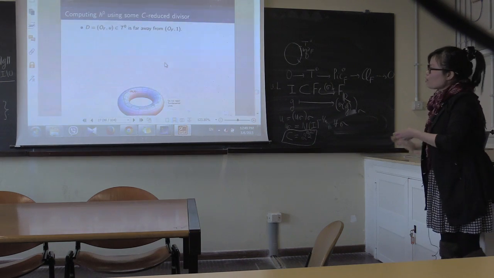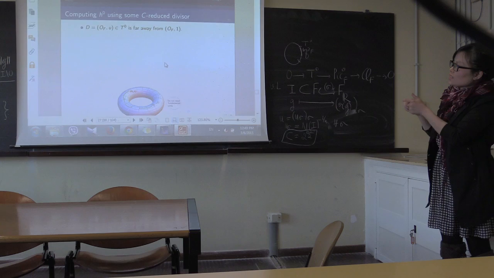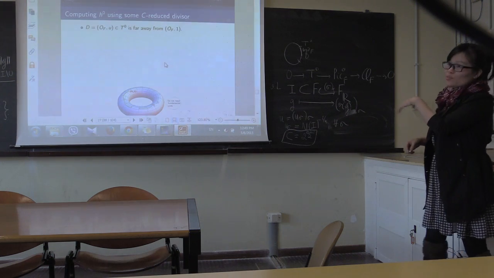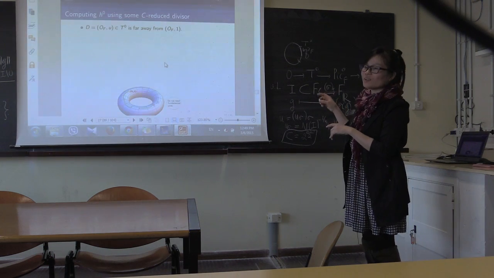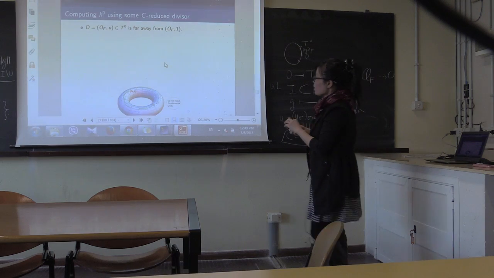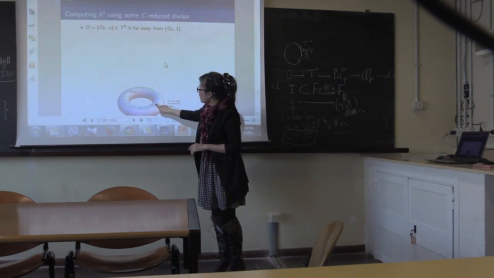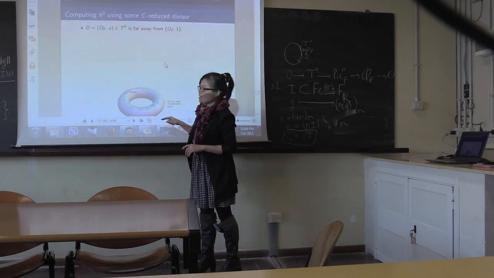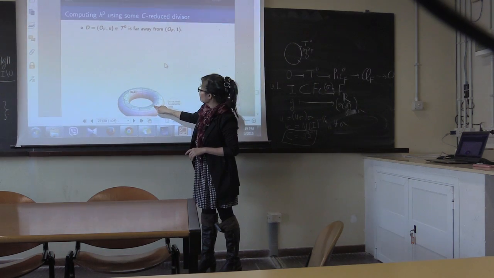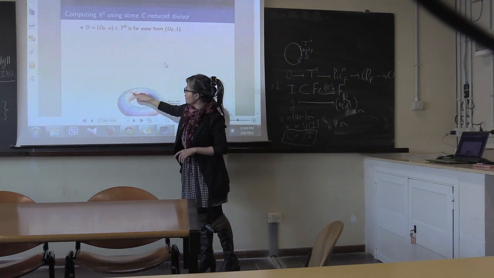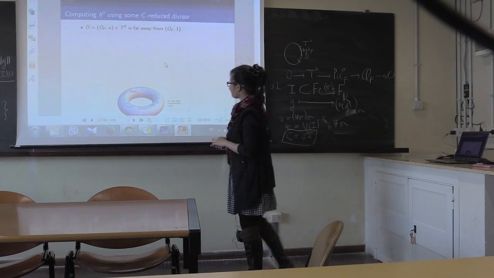And here is how we do it. For example, without loss of generality, we can assume that D is in T0 and the other is nearly the same. And assume that it's far away from the origin here. D here is far from the zero divisor. This is T0.